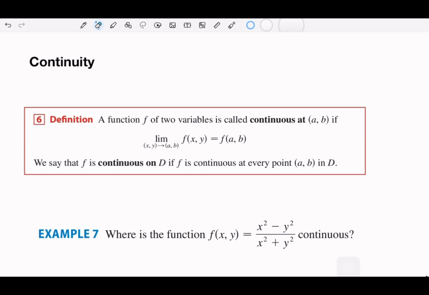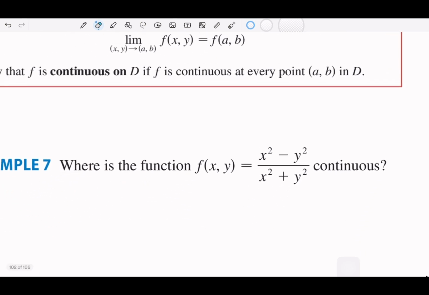So let's have some observations. If you see here, since we have some special denominator, this x squared plus y squared should not be equal to 0.